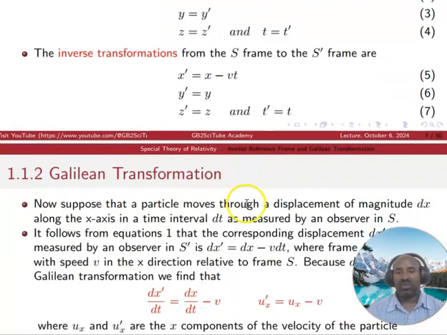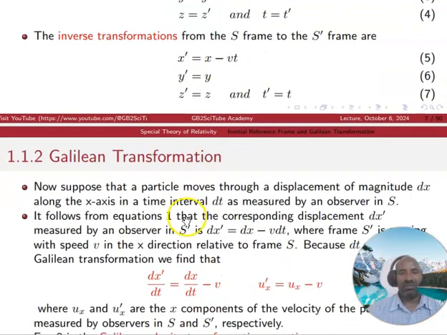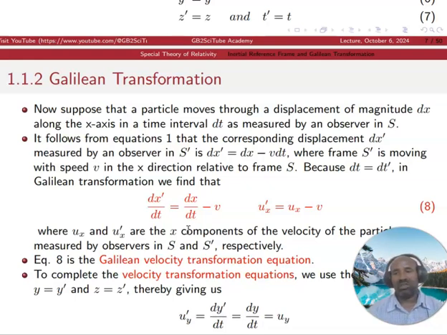So in the Galilean transformation, the inverse is this one, and the direct expression is this one. You can apply this technique to transform from a moving frame to a stationary one, or from the stationary to a moving frame, in order to express a certain event in terms of these two inertial reference frames.